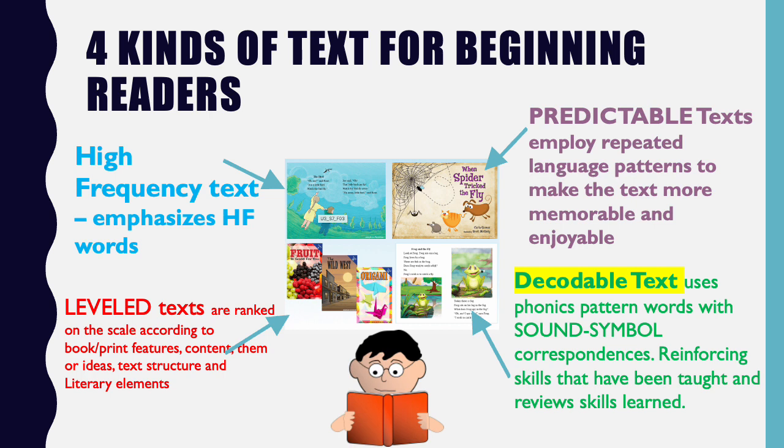Predictable texts employ repeated language patterns, and it makes the text more memorable and enjoyable. And these are the texts students are often able to, quote, read, unquote, with you. So I would like you to think about a predictable text.